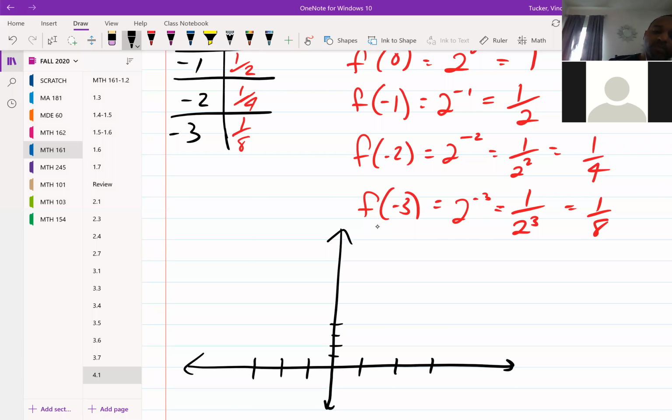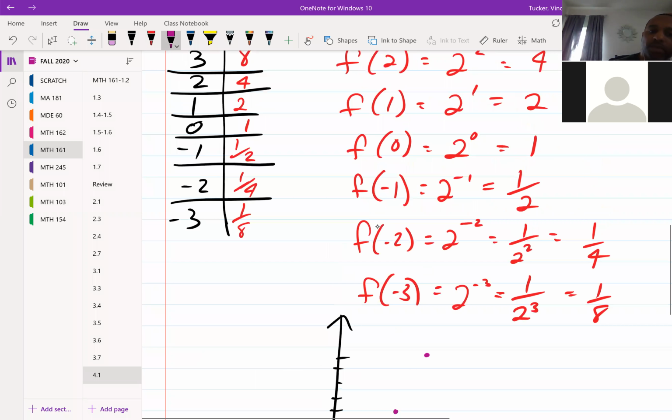All right, so we know it's going to be 3, 8. So we go to the right 3, up 8. And that was 2, 4. And 1, 2. Go up 1. Then 0, and we're going off of these ordered pairs, 0, 1.